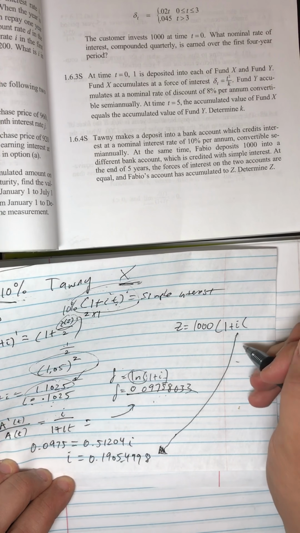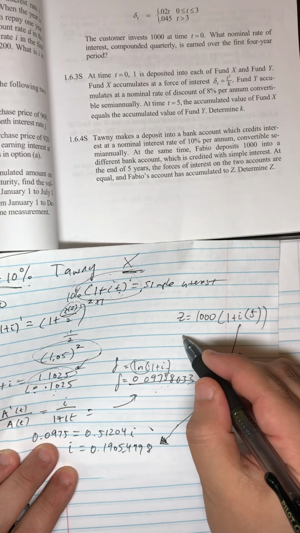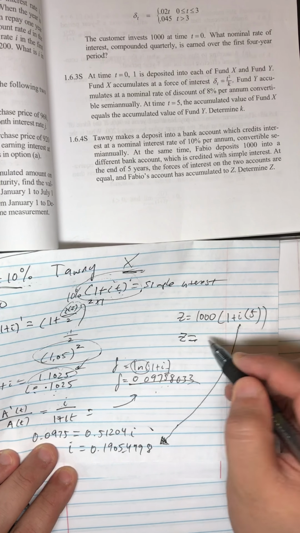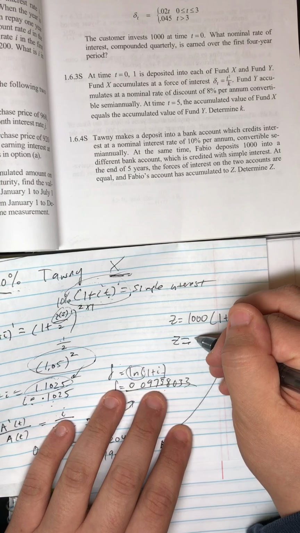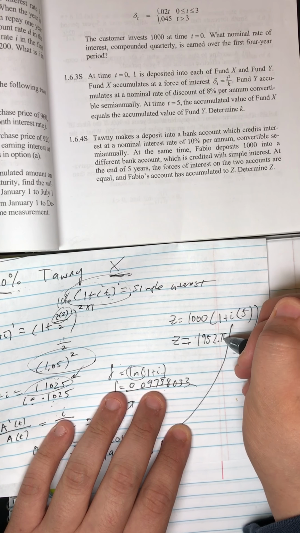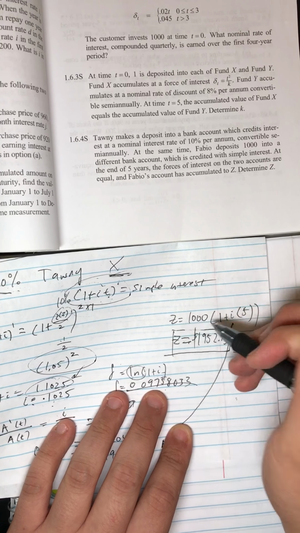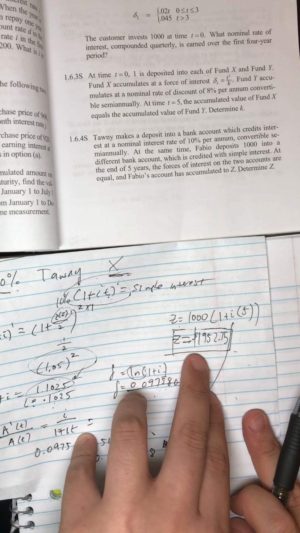So we have i times 5, there you go. And then when you calculate everything, you get that Z equals 1952.75. And this is the amount that Fabio's account accumulated to.